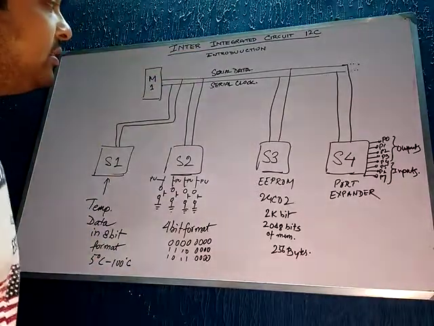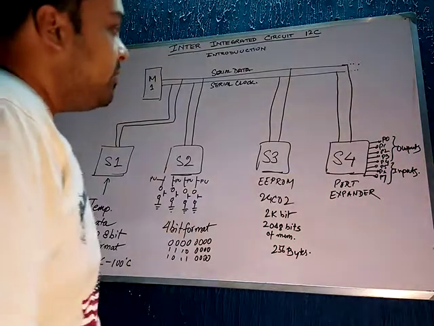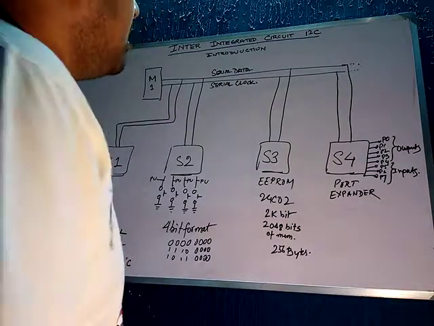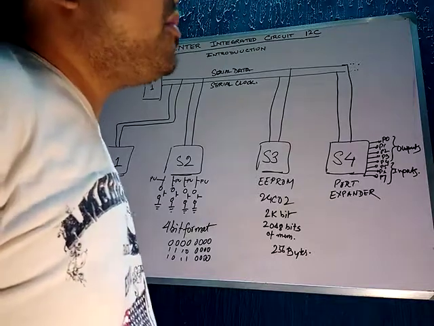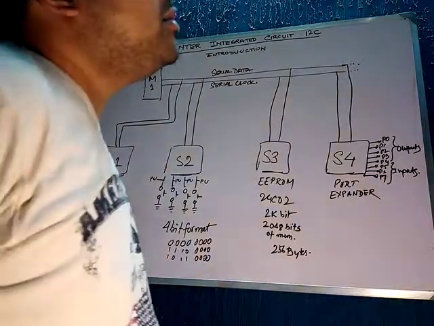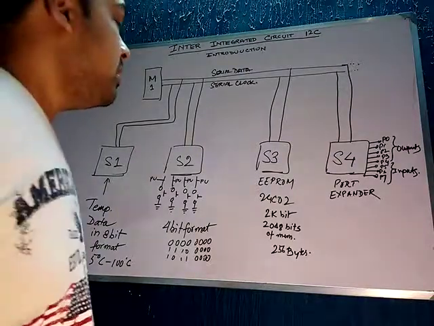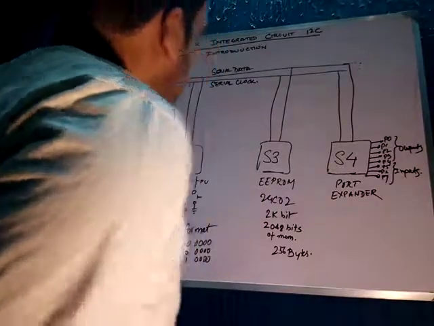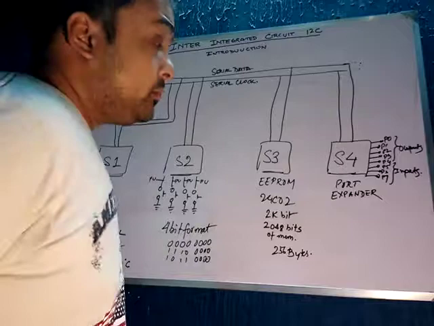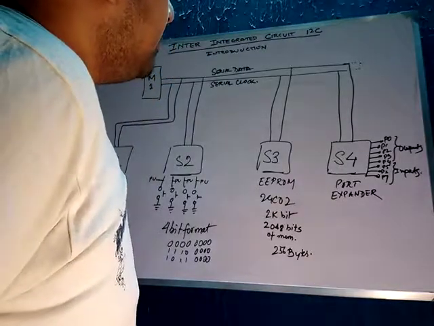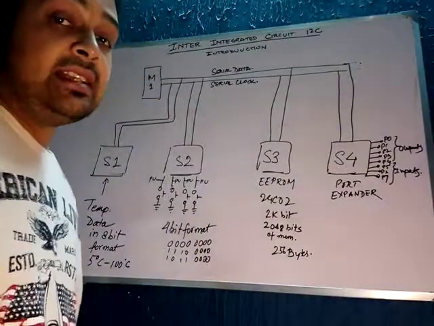The reason is that for I2C communication, for serial data and serial clock, the data line is used for some purposes, the clock line is used for one purpose. What are they? The data line and the clock line will tell the slaves whether the communication has to start or not.